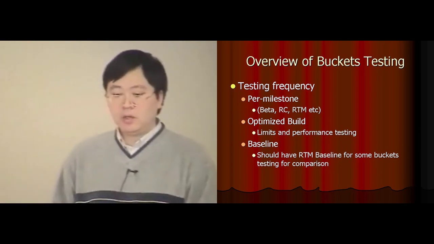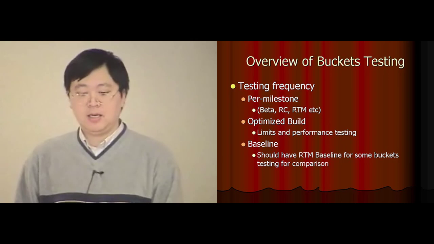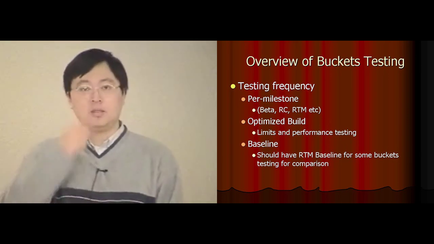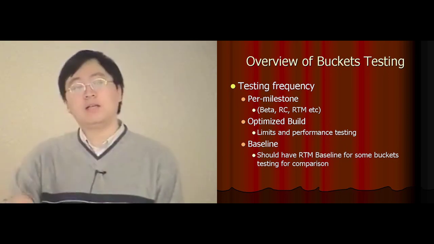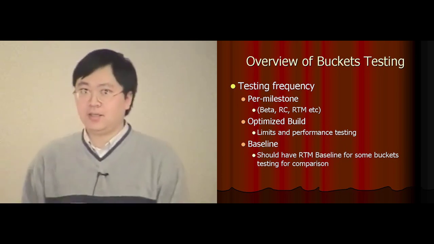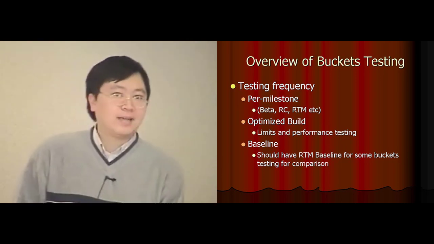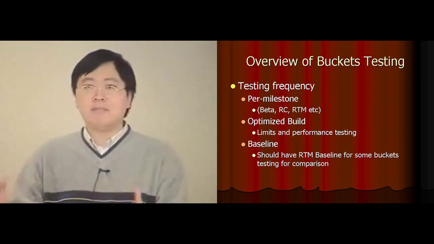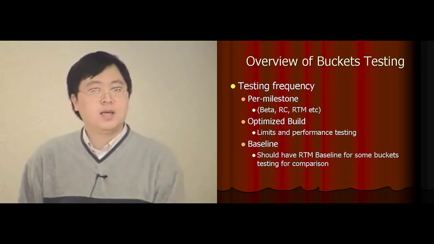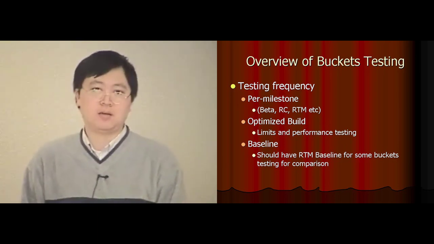Also, keep in mind you have to get the baseline of the performance testing and some bucket testing. So once you go through this transition, ask the test owner where the baseline is located. Because if you don't have a baseline, when you go back and suspect a performance issue, you have to go back to the RTM version to get the base log.